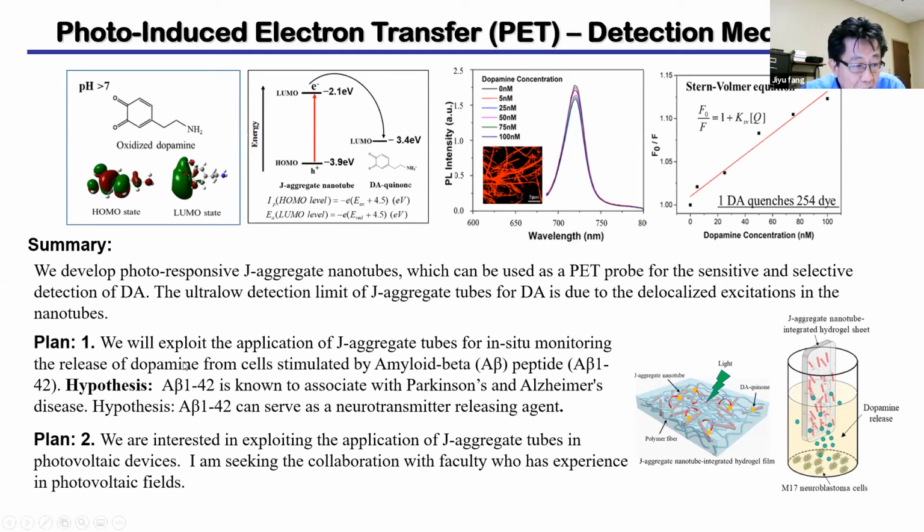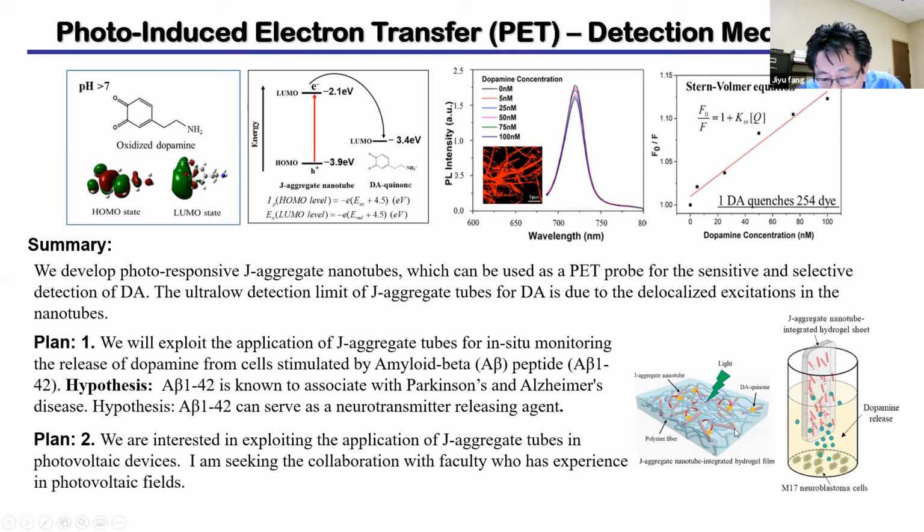The future plan in the next 2 years: our hypothesis is, we know that amyloid beta peptide is associated with Alzheimer's disease and Parkinson's disease. One hypothesis is that amyloid beta peptide can also serve as a releasing agent to trigger the release of dopamine from the neuron cell.